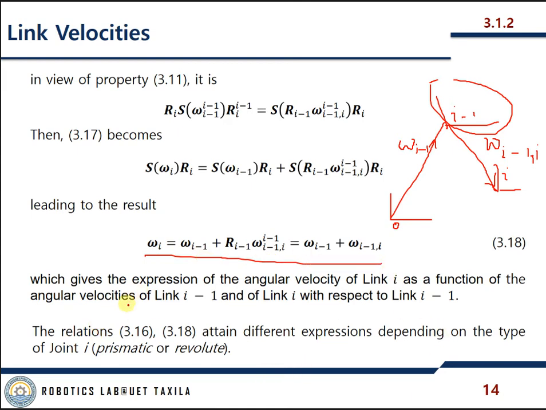The relations 3.16 and 3.18 attain different expressions depending on the type of joint I. So there is definitely a different expression for different joints, like for example prismatic or revolute. So let me erase that.